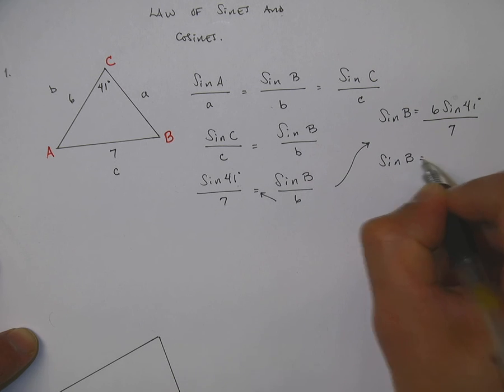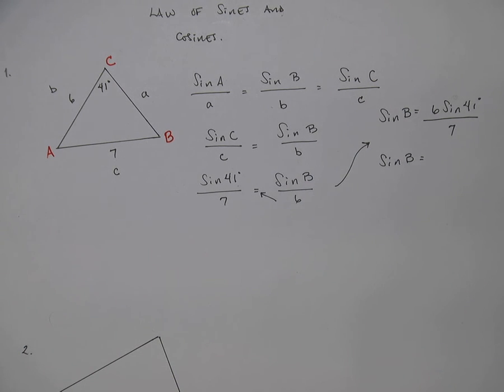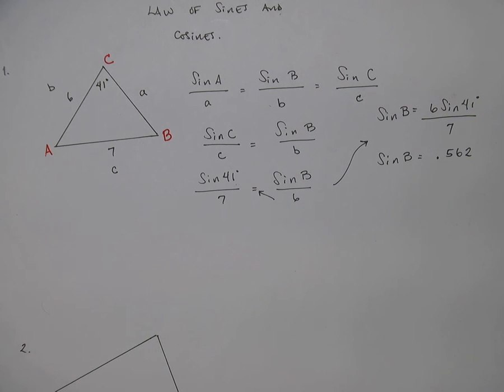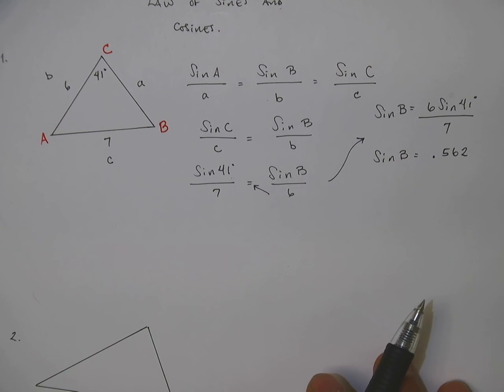So sine of B is equal to 0.562. Now remember, make sure when you're working in your calculator, you use degrees, because that's what we're talking about here.